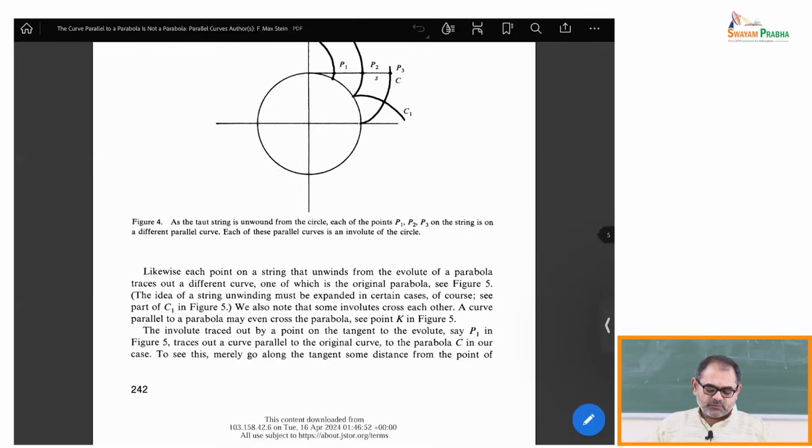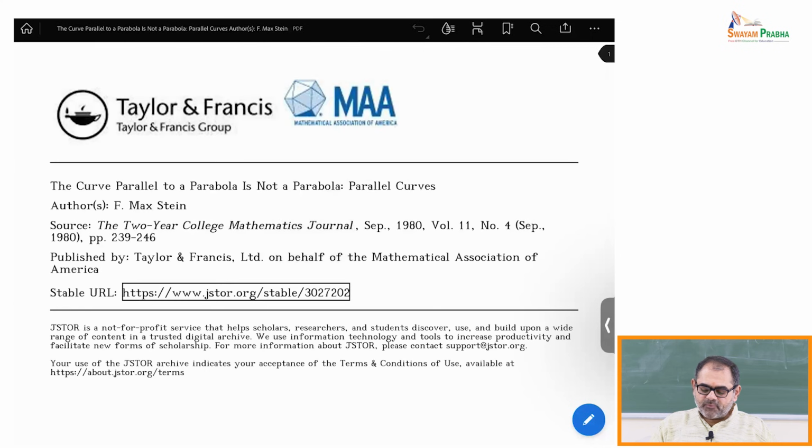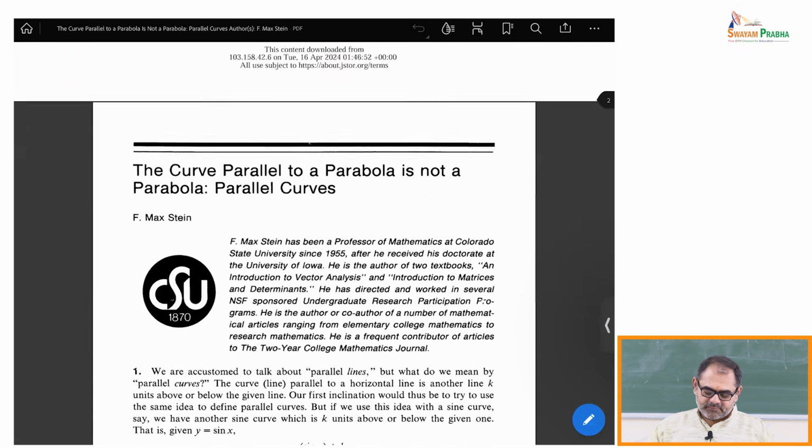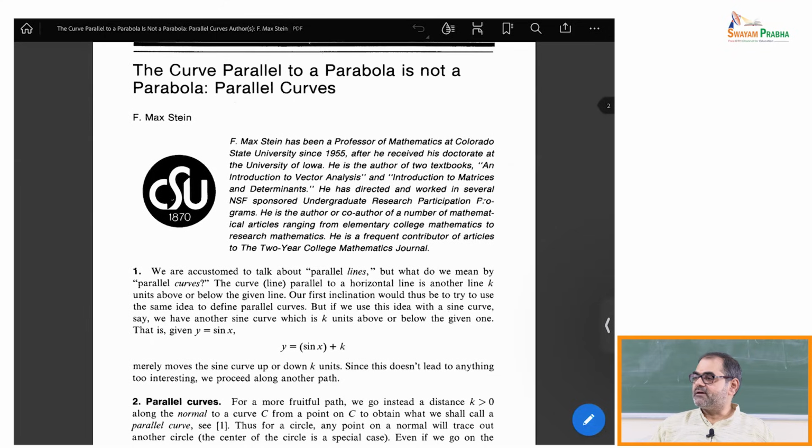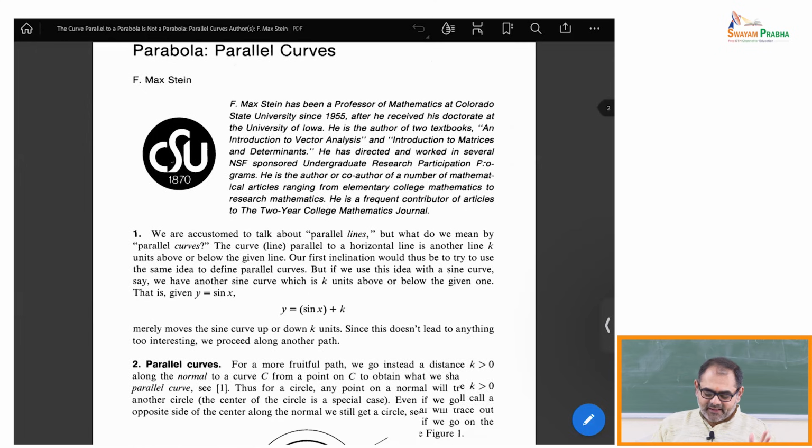So here is one very nice paper, which is something that you can look at. The curve parallel to a parabola is not a parabola, okay, and this is a nice exposition of several pages where there is a good motivation for how you get parallel curves, akin to parallel lines, okay, and everything is done in a very, very systematic way.